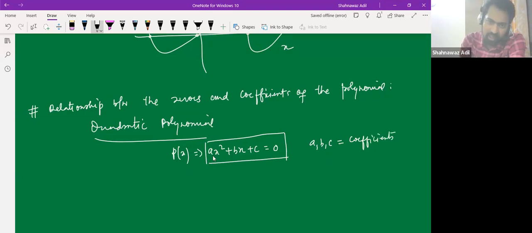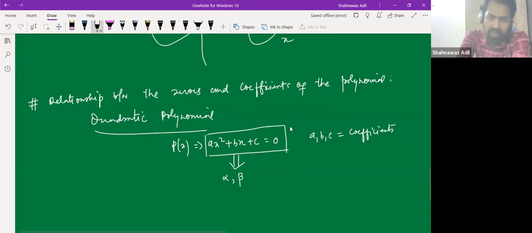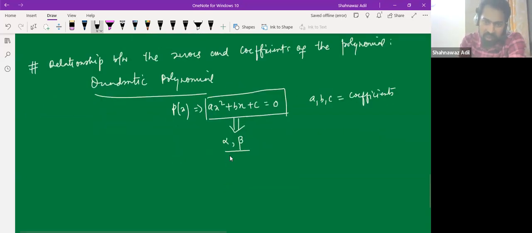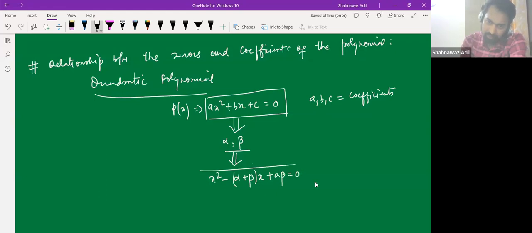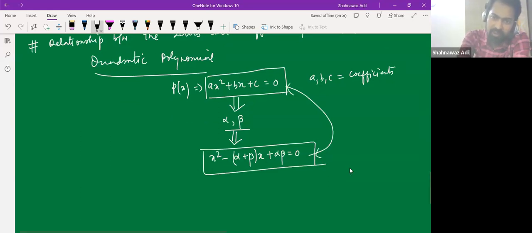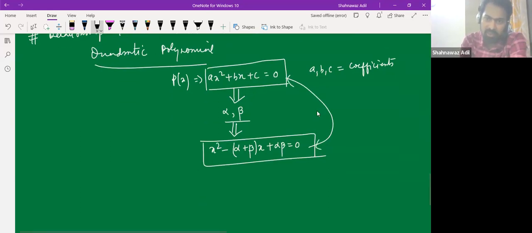Right? And then let's say this quadratic equation has two roots, alpha and beta. Then we can write this quadratic equation in the form of alpha and beta, and this was x squared minus (alpha plus beta)x plus alpha into beta. When we compare these two, we got the relationship between the zeros and the coefficients.